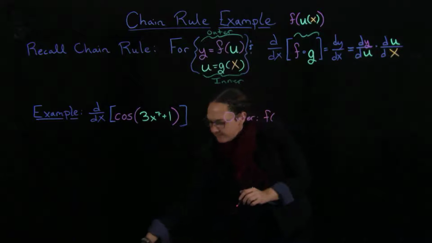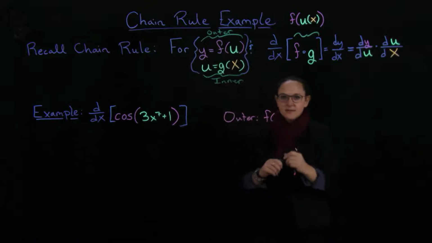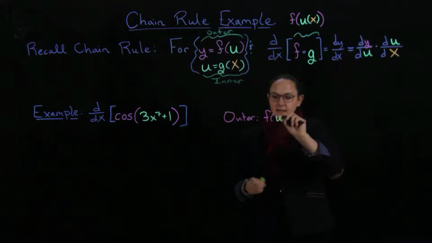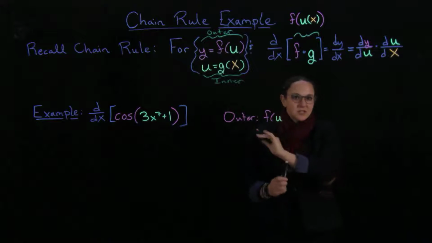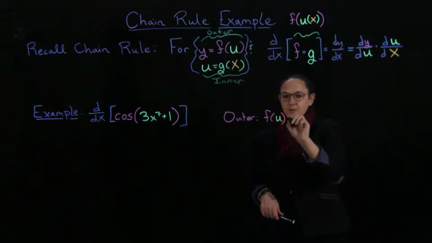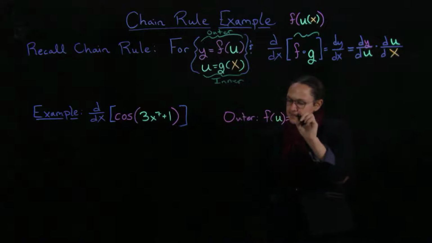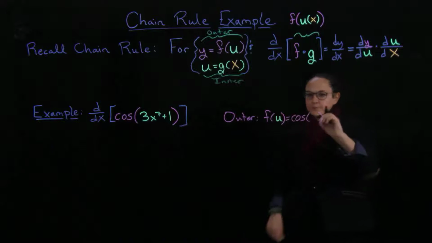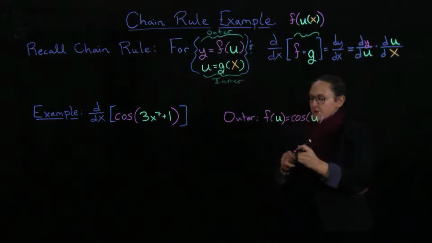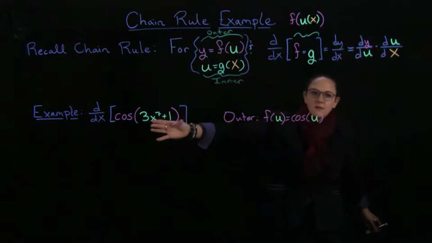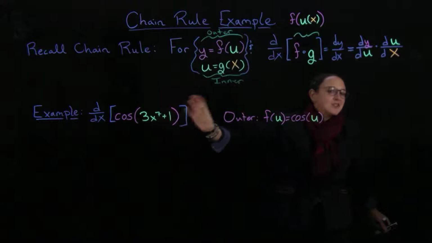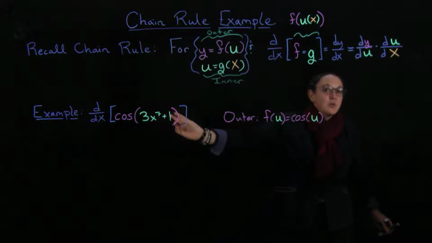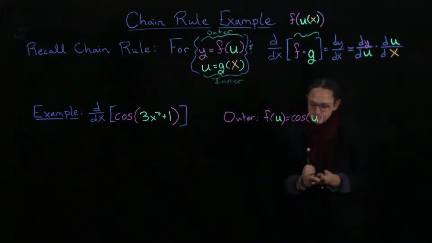Let's keep all of our colors consistent to emphasize this is a function where there's actually a function inside of there, but we're going to forget about that for a moment. f of u is going to equal cosine of u. I just replaced the entire inner function with my variable u.